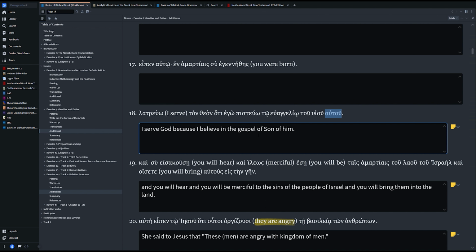I believe in the gospel or in the good news of Son of Him does not work in English. We would rewrite that and say His Son. And that's how we would say that in English. I serve God because I believe in the gospel of His Son. There's no apostrophe there. Of His Son. And that's how we do it. So when you're done translating, you can go word for word and then you go back and smooth it out and it makes a little more sense.